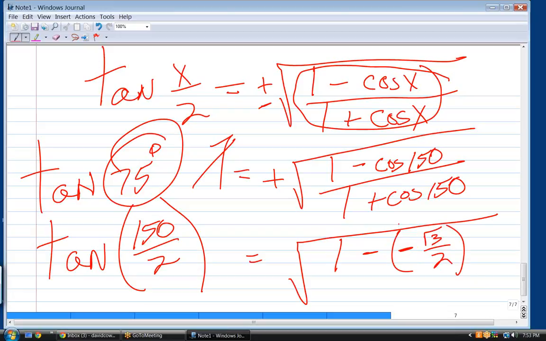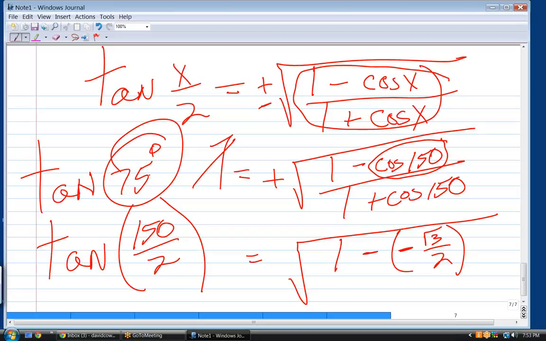Cosine of 150 gets a little confusing because this is in the second quadrant, which is fine. In our original problem, we're definitely looking at a first quadrant angle. We know the tangent of 75 degrees is going to be positive, whatever it is.